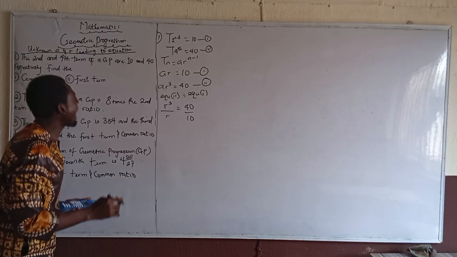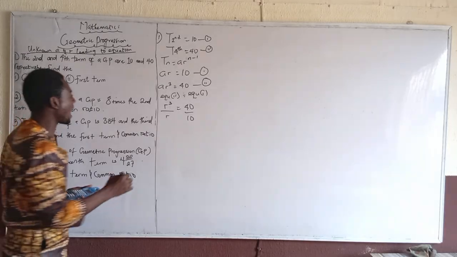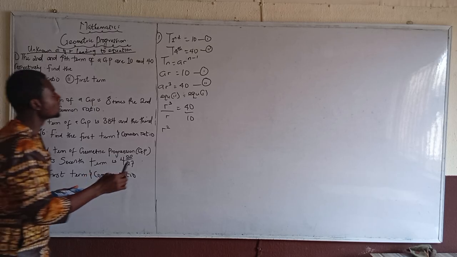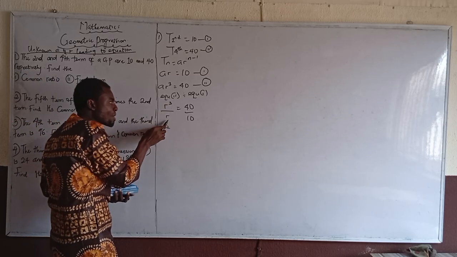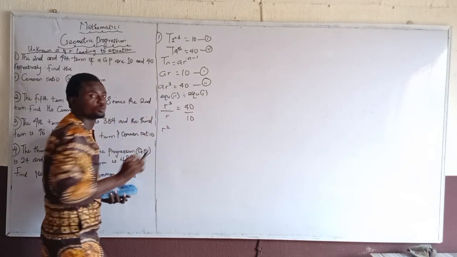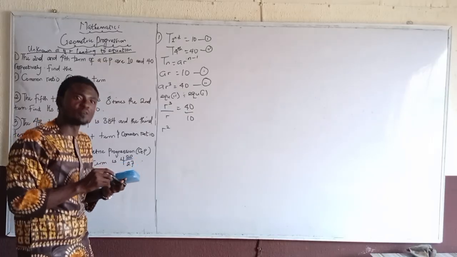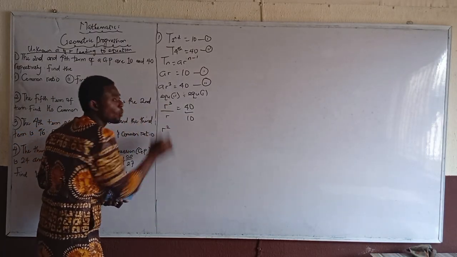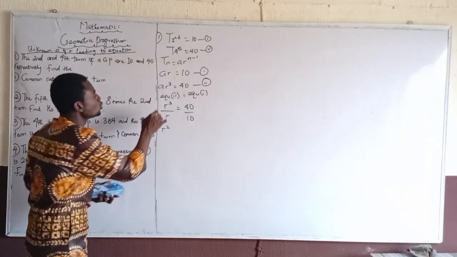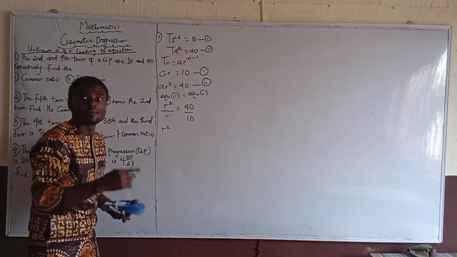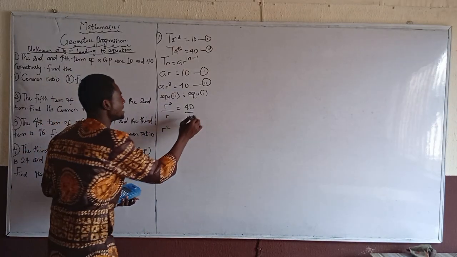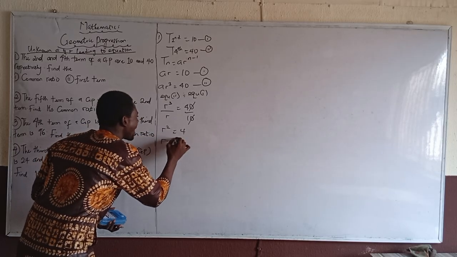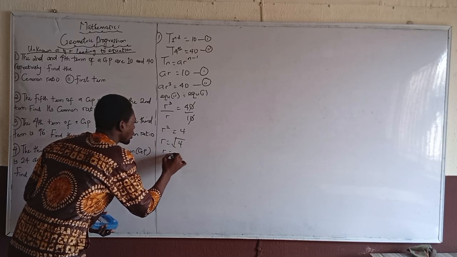Now, R raised to power 3 divided by R is R squared. If I expand, it means that 1 R cancels the R, and what will remain is R squared. Or we solve it with indices by saying they are the same base, you pick one base and subtract the powers because of division. Then here 0 cancels 0, R squared is 4. So my R becomes square root of 4, R becomes 2.